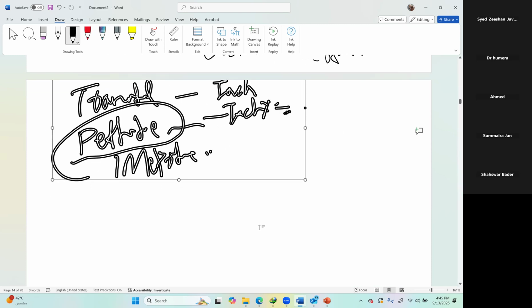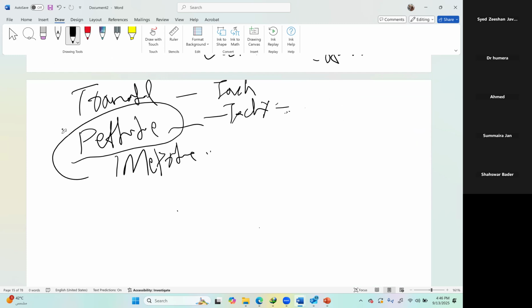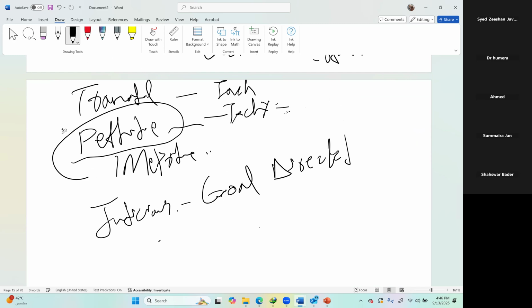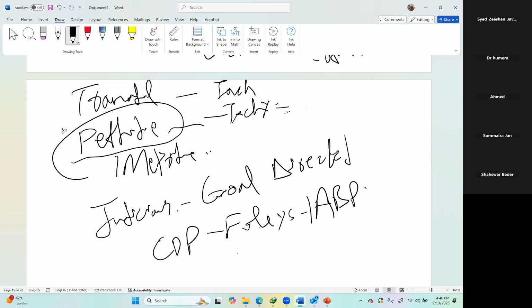Similarly, fluid management: you can tell judicious fluid management, or goal directed. You can use this word, goal directed, and you can monitor through cardiac output monitor, arterial pressure waveform, and also through TEE monitoring, or FOCUS. All these things you can use to monitor the fluid status.